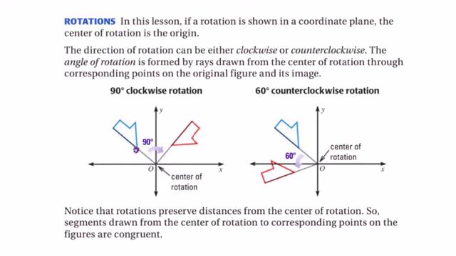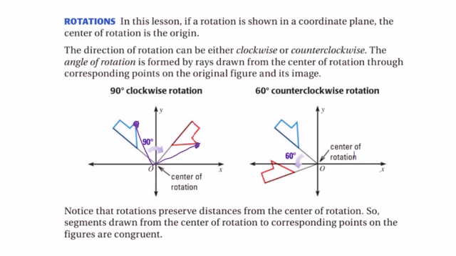So here they're connecting one vertex of the original figure to the corresponding vertex of the image, and those rays to the center of rotation create the angle. Now I could use any other points, right? I could use this vertex and this vertex, but you would see that it's still a nice 90-degree angle.